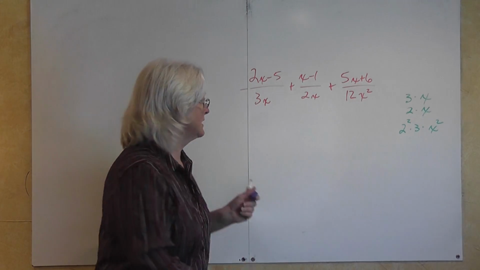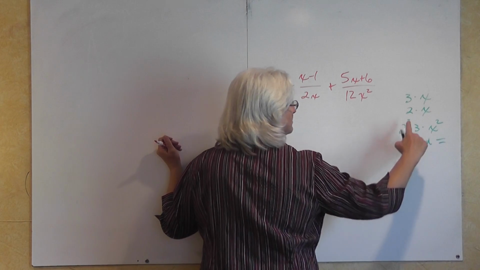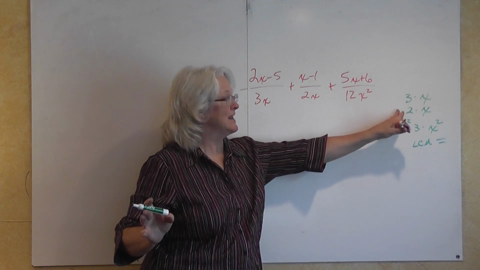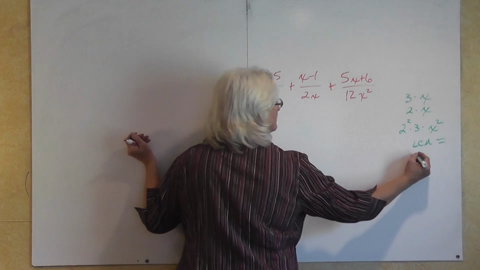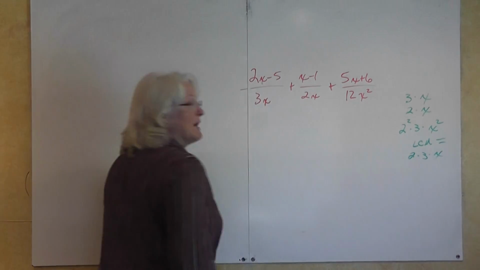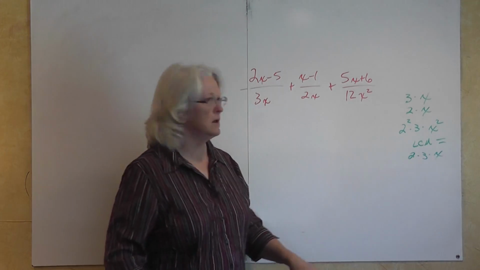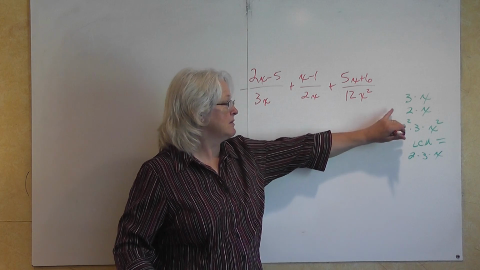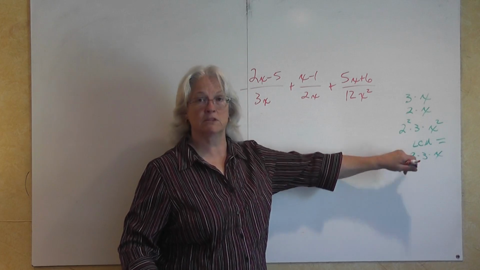Now how do we find the LCM? The LCM is equal to each unique factor that appears in any of these expressions. So we have a factor of 2, we have a factor of 3, and we have a factor of x. And least common multiple is always written as a product. Now, it's not enough to just say we have a factor of 2, but we're going to use whatever the highest exponent is, or the highest power. 2 to the first, 2 to the second.